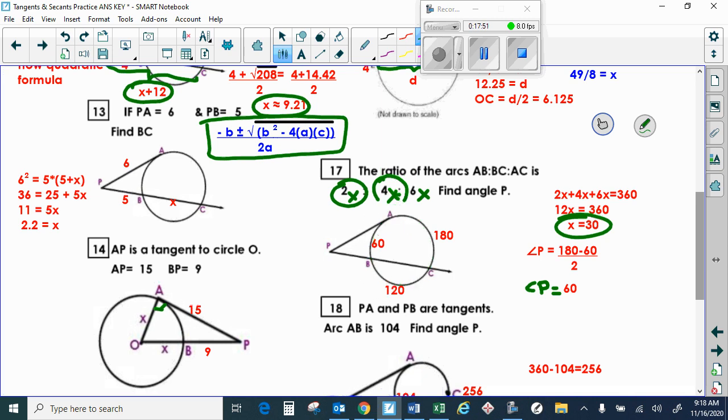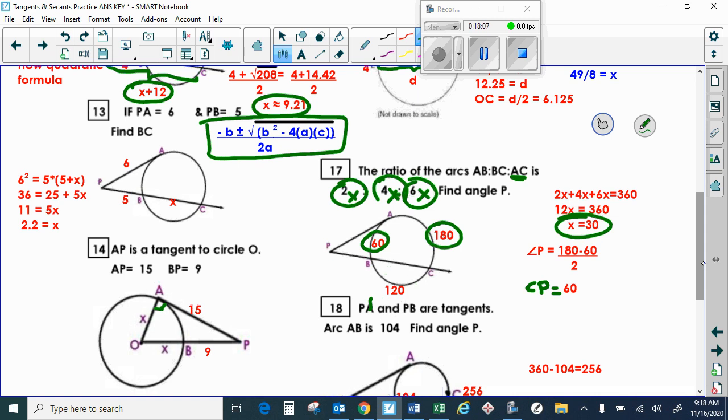Remember, this first one, AB, was 2x. 2 times 30 is 60. AC, which is the last one, is 6x. 6 times 30 is 180. And I didn't have to write this one there, but I went ahead and did it just for your sake.